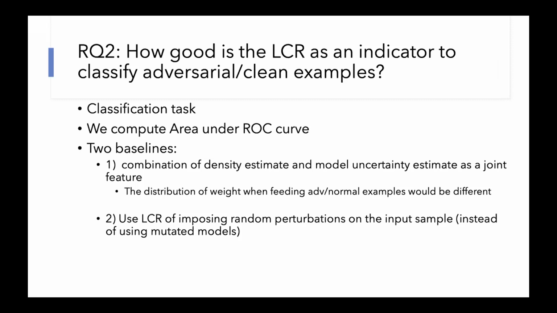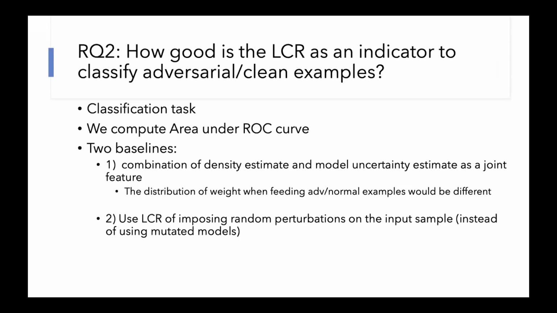This is based on the intuition that the distribution of weights when fitting adversarial or normal examples would be different. The second baseline is their previous paper, in which they used the label change rate of imposing random perturbations on the input sample.